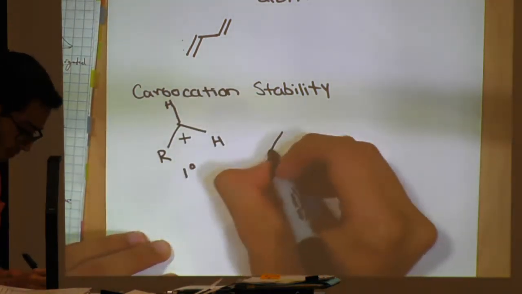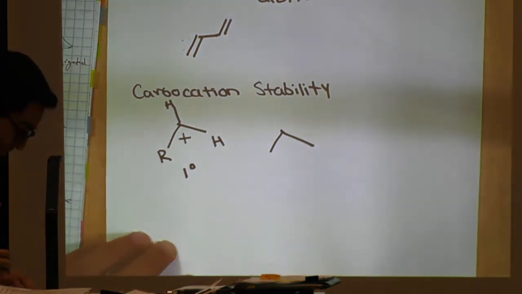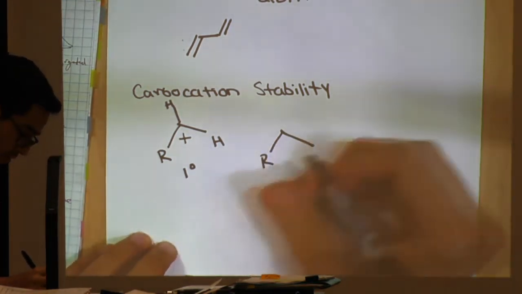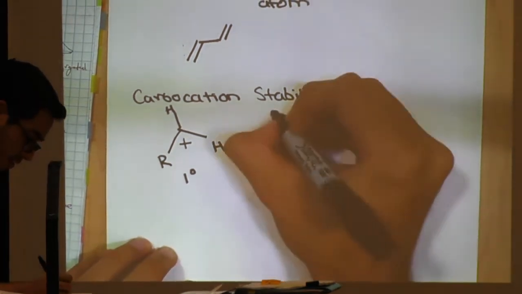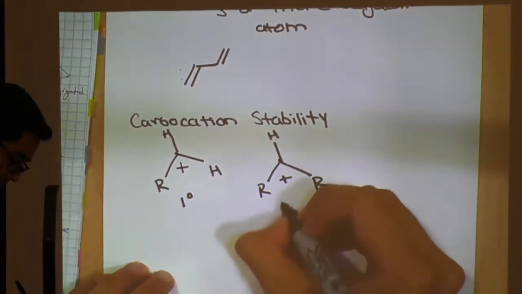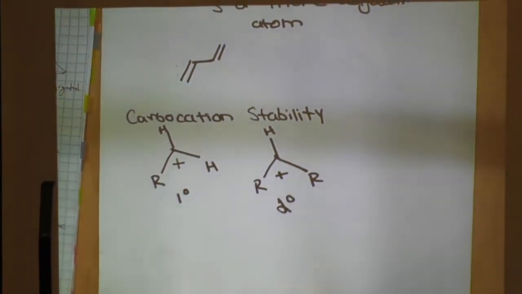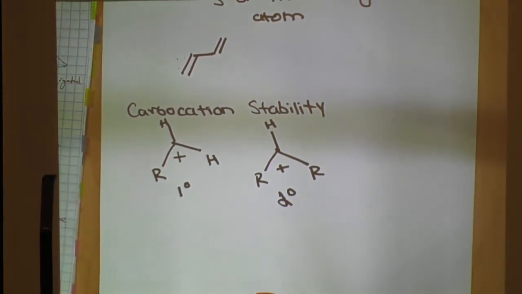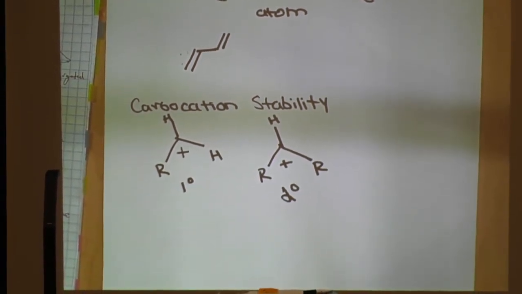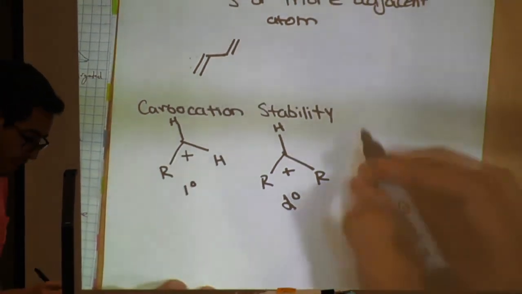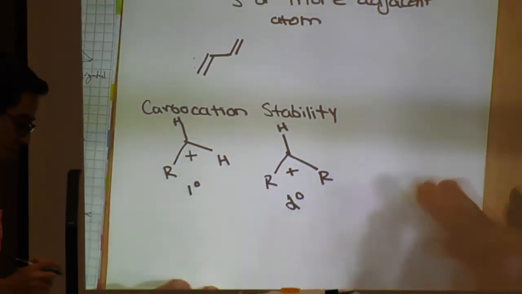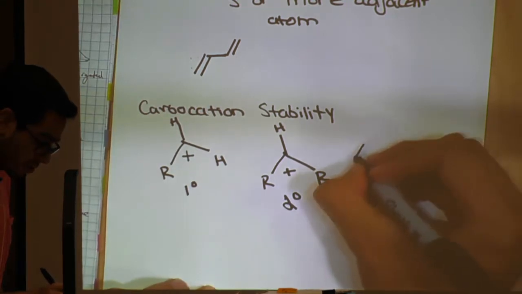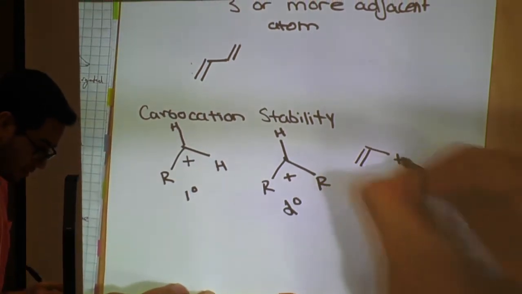Then you have 2 R groups with an H. That's secondary. So when we're talking about our allylic carbocations, the ones created by a resonated diene, it's going to fall in between secondary and tertiary as far as carbocation stability.